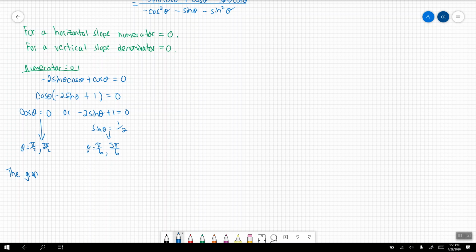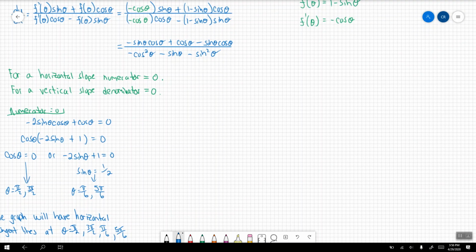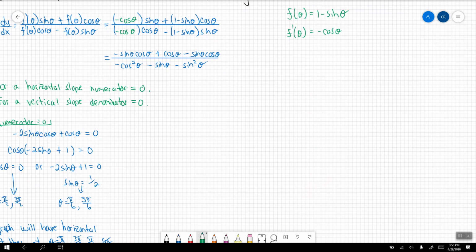The graph will have horizontal tangent lines at theta is equal to pi halves, let's say 3 pi halves, pi 6, and 5 pi 6. All right, awesome. Now there is going to be a modification. Thinking ahead, I will come back and I'll modify that in a bit.